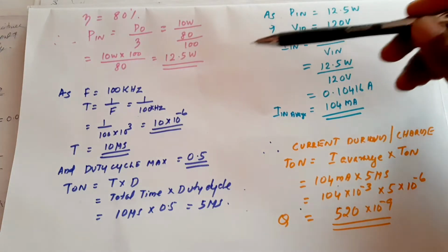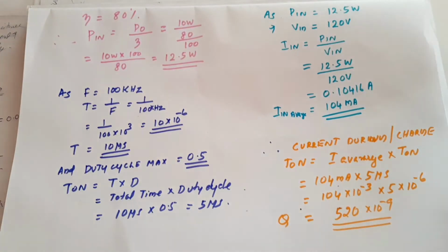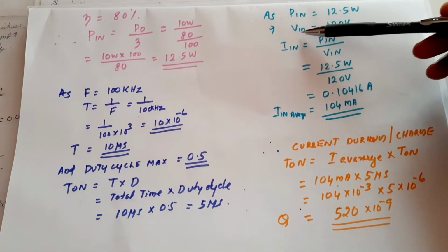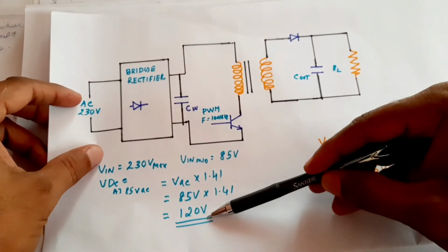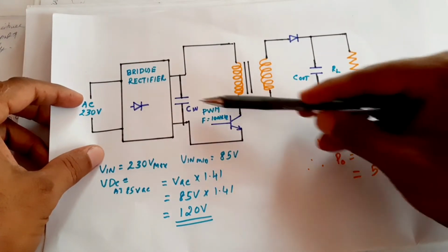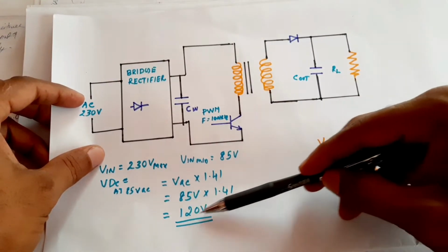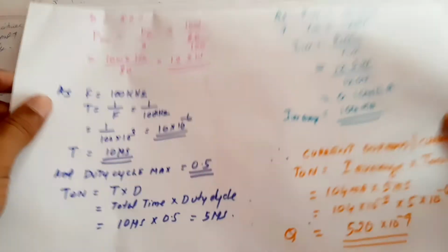If 12.5 watt is the input power, and we know that when the input voltage is 85 volts, the capacitor has a DC voltage of 120 volts.